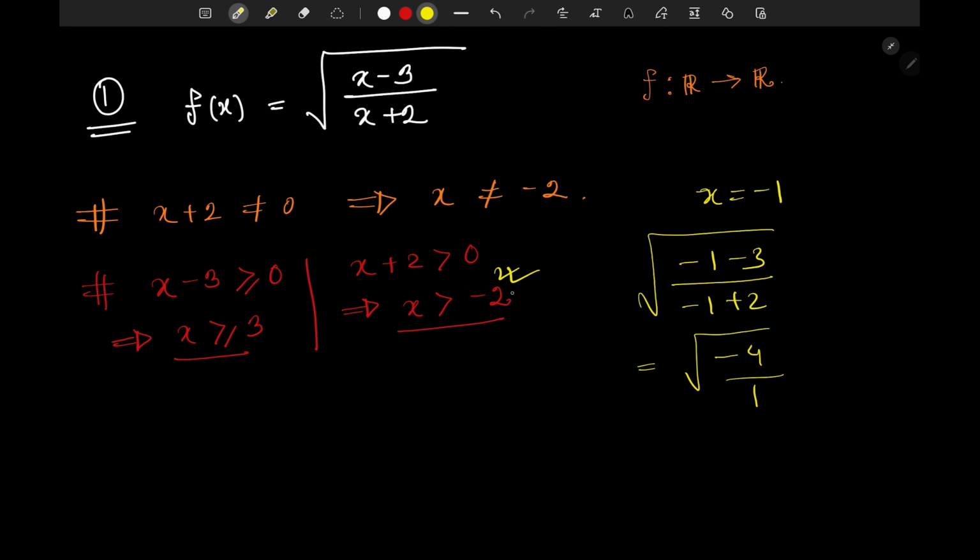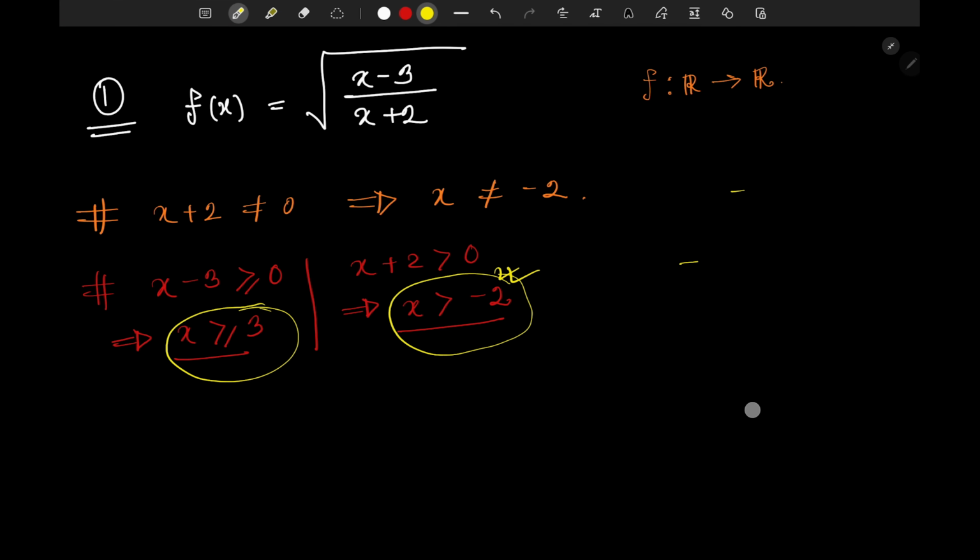So as you can see, if you just stick to one of these conditions, things will go wrong. The thing to do over here is to see which of the conditions is the strongest. Whenever you take a number x that is greater than or equal to positive 3, that number x is automatically greater than minus 2. So among these two conditions, this is the stronger one.